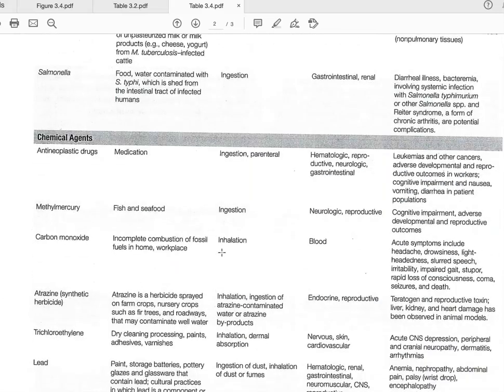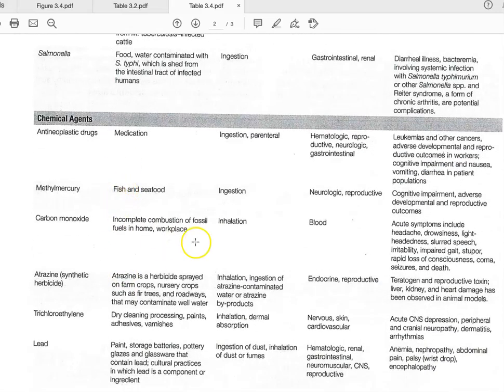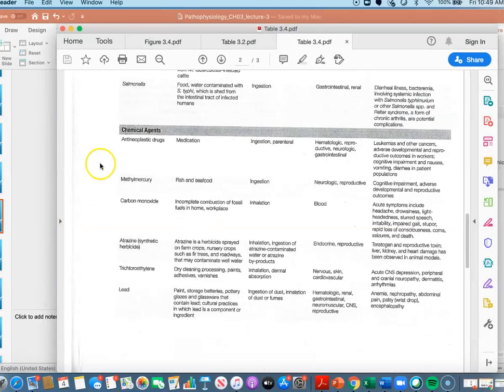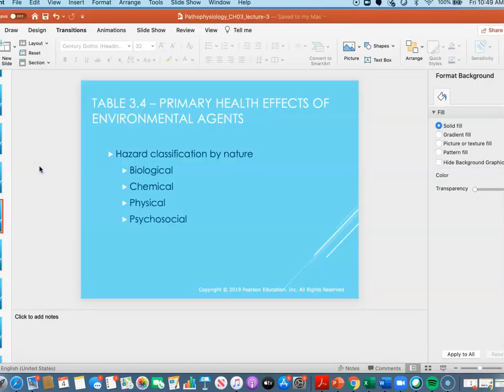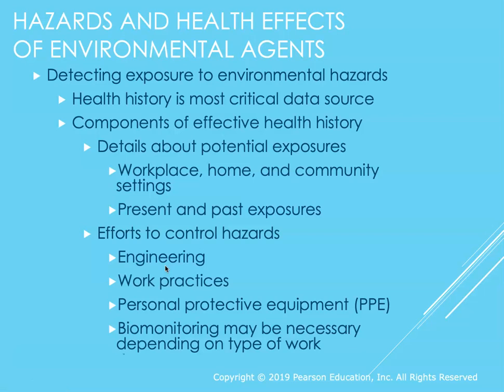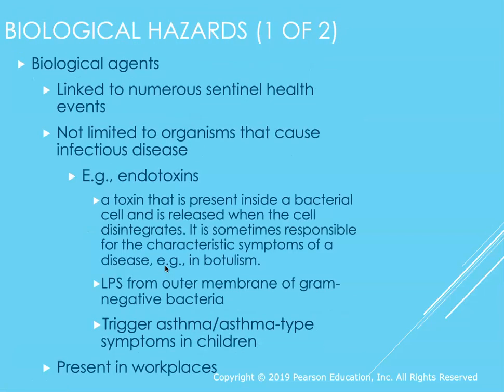Okay, so taking a look at this is important. Don't memorize, but definitely be aware of these different chemical agents and how they can affect your body and ultimately lead to disease. Okay, so again, we already talked about this classification by nature: biological, chemical, physical, and psychosocial. So let's talk a little bit more about these.